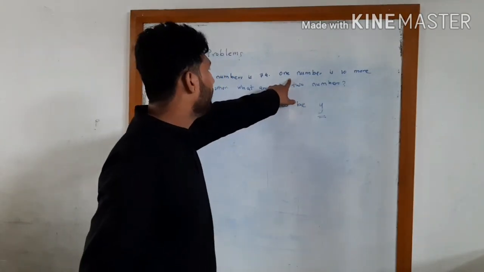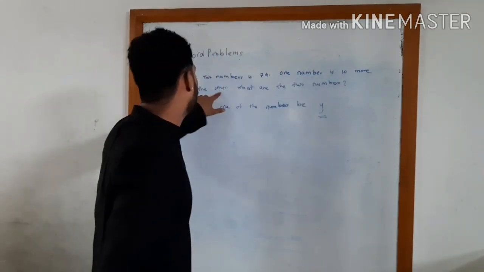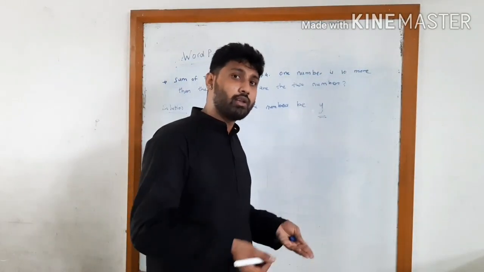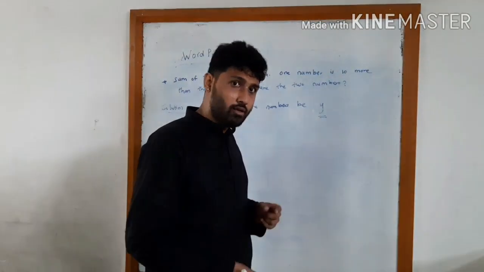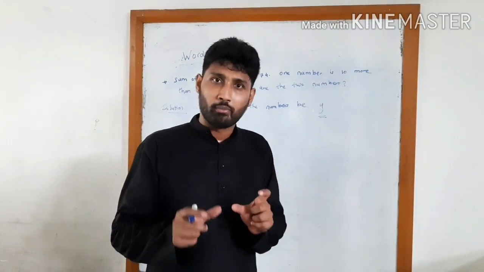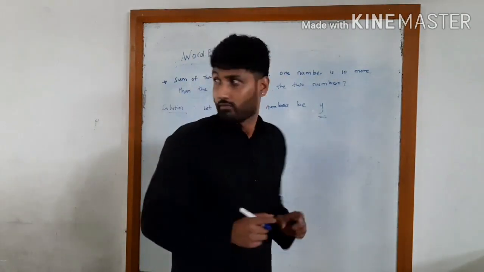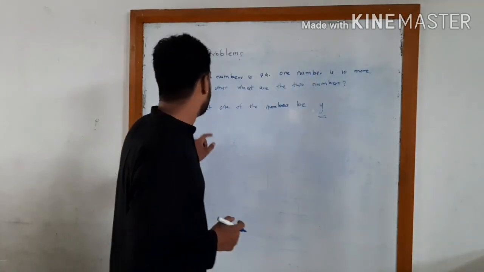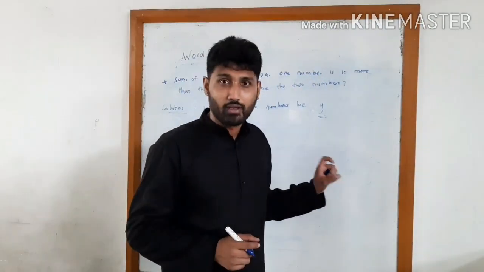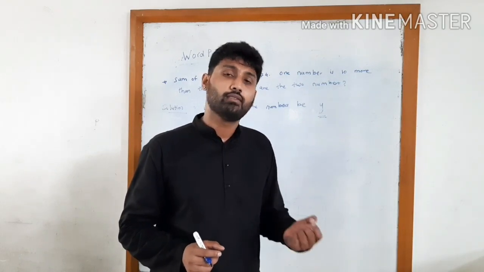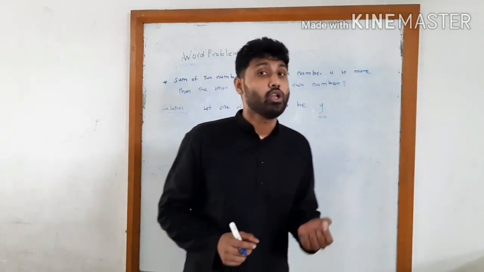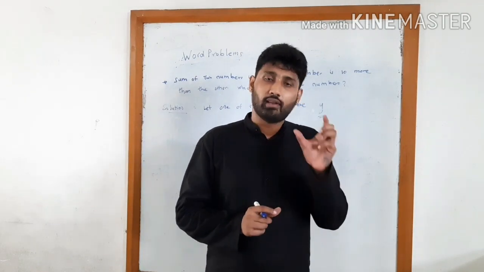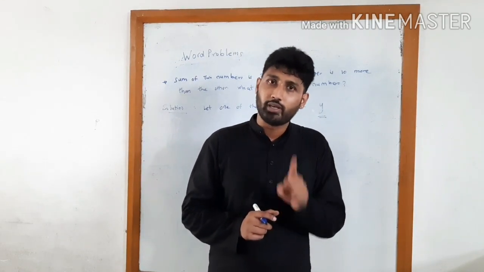Now they have given one number is 10 more than the other. So if one number is y, the other number can be y plus 10 because the difference between the two numbers is 10. You can also take it as y minus 10 because the difference between the two numbers has to be 10.